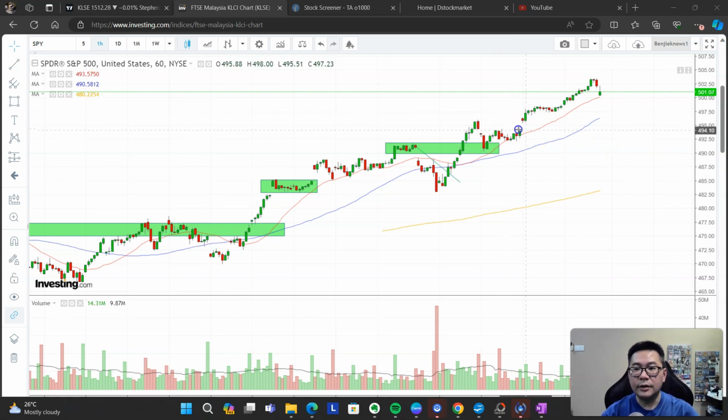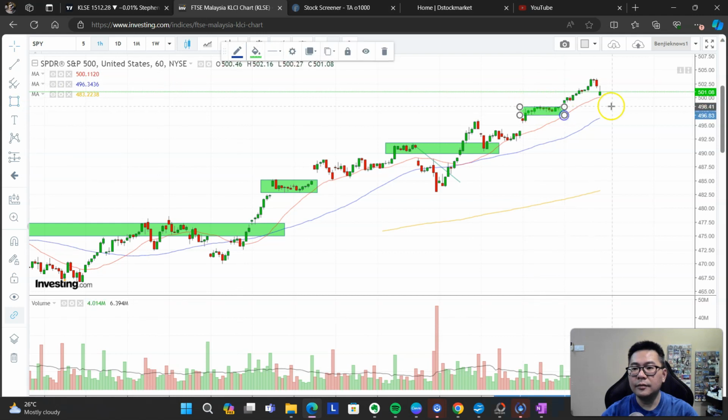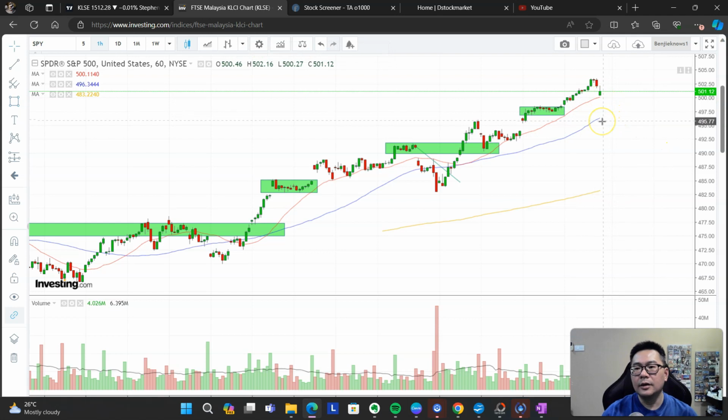It just broke out of this triangle type pattern going up, and recent support is here, still above the rising 60-minute 20 MA and 50 MA. So we need to continue to be bullish bias. I don't know whether this gap down might correct to around this area, but if it's still above this support area, then we should continue to be bullish bias.